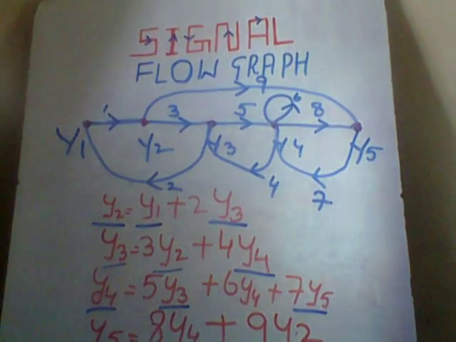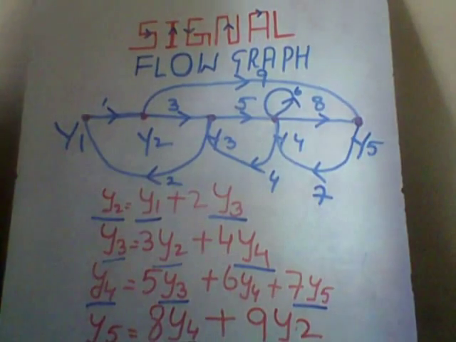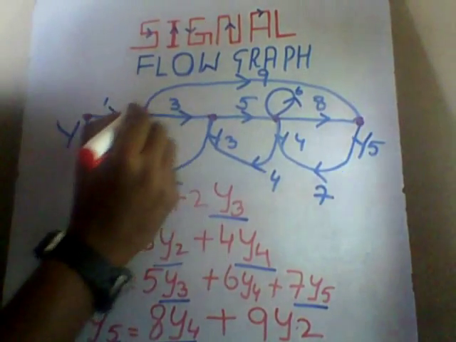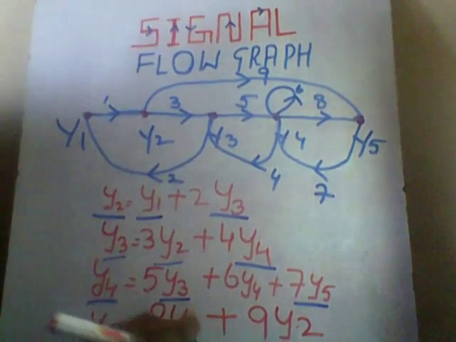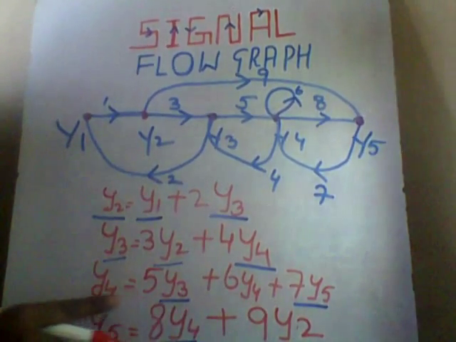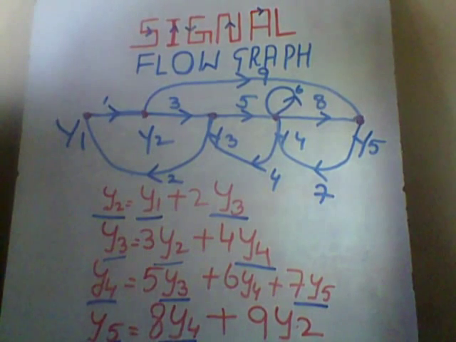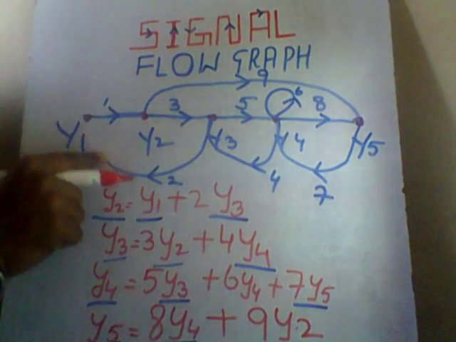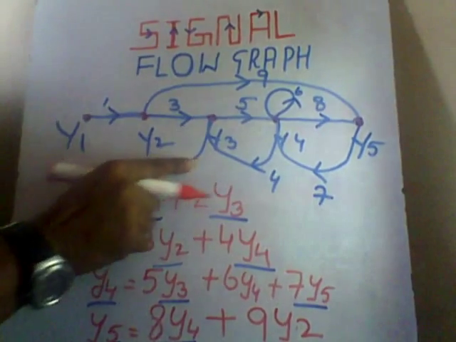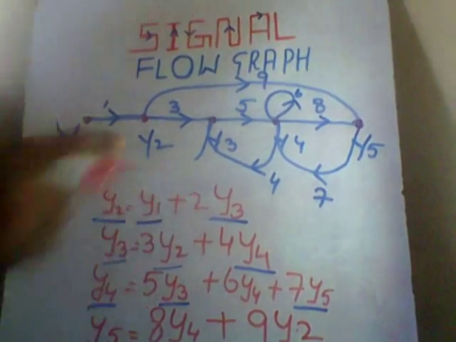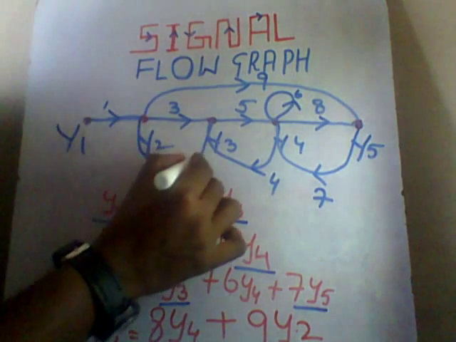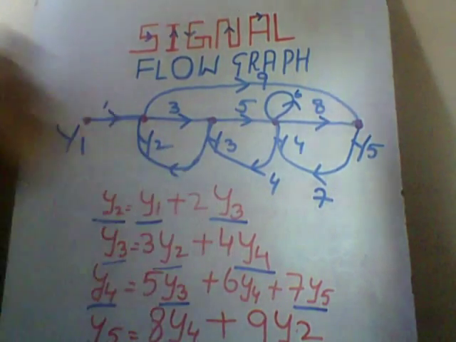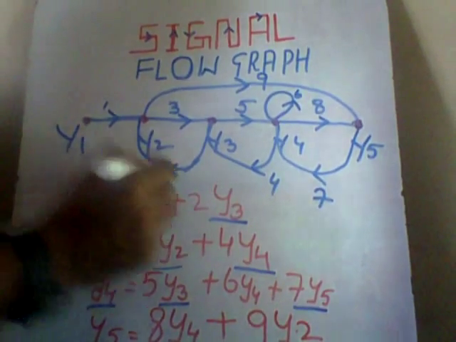First loop. See, what is it? y2, y3, y3 to y2. y3 to y2 with a path gain of 2, right?